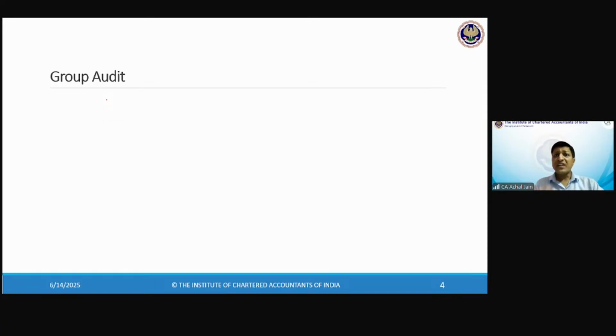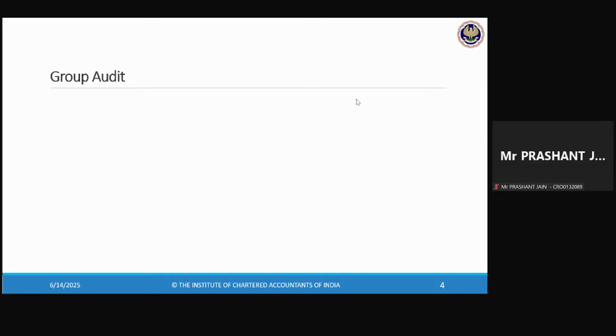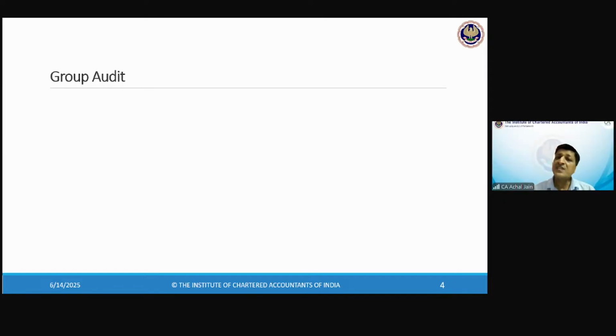So if there is a particular manner in which the work is required to be done, the auditor will go and check whether the work is done in that particular manner. Yes or no? So that's what we understand about audit. In a very simple manner, can we say that? Yes or no?